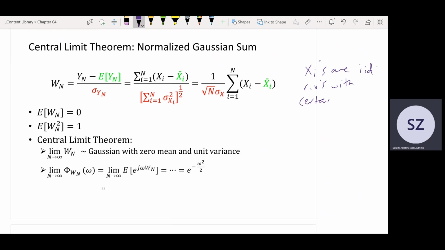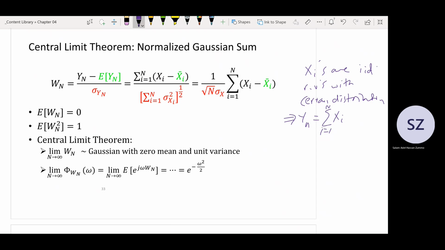Now yn equals the summation of xi. The question is, find the probability of yn less than 5.